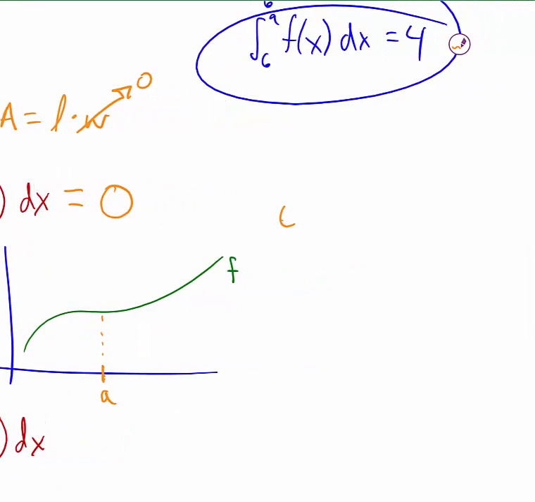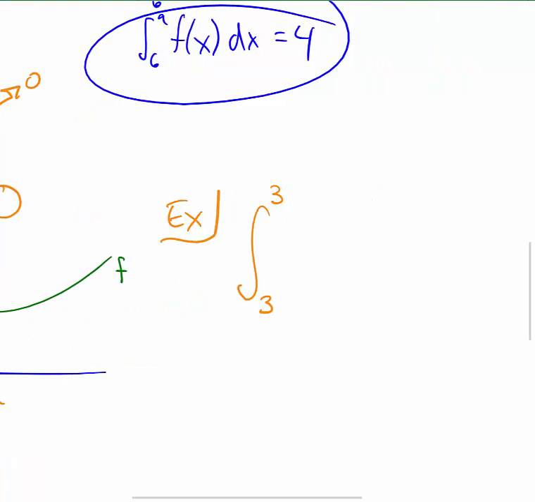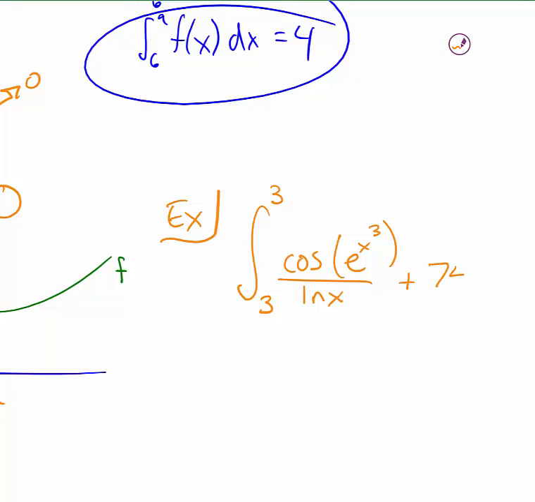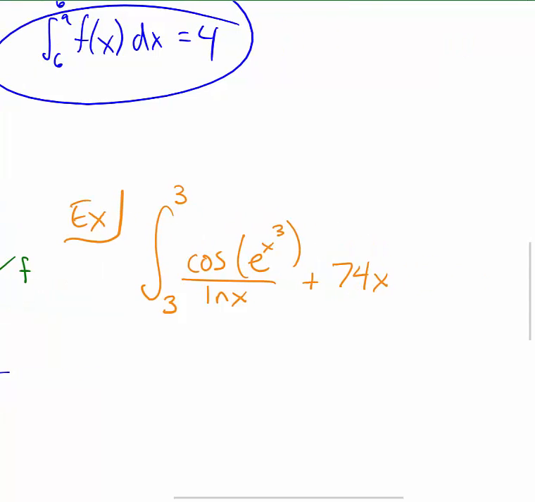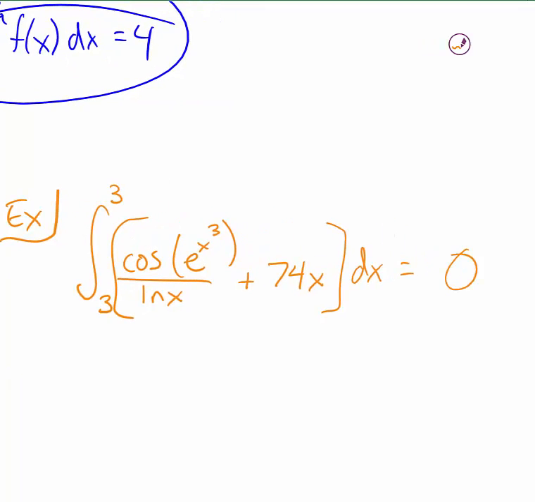So, any example we want, the integral from 3 to 3 of cosine of e to the x cubed over ln of x plus 74x, right? Since we went from 3 to 3, this is just equal to 0.